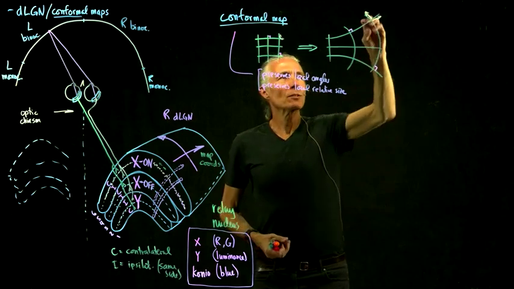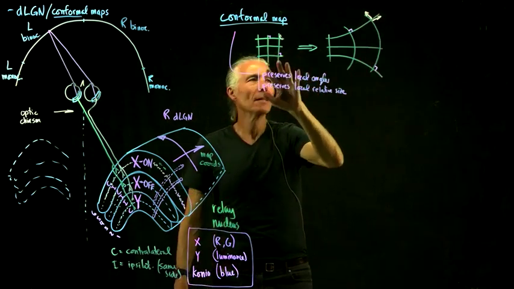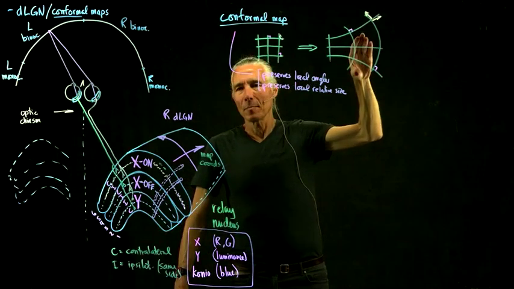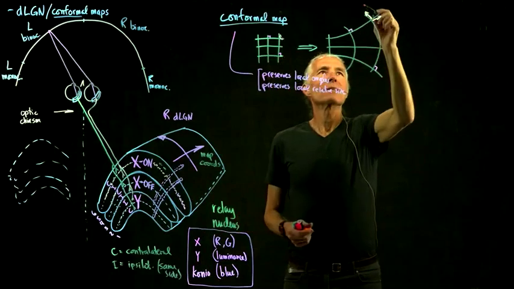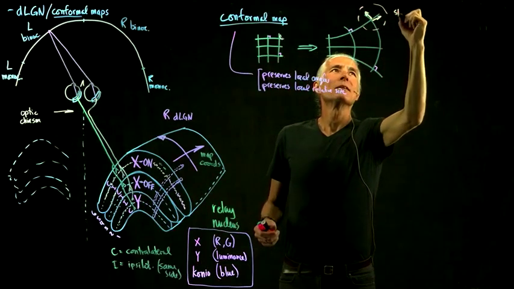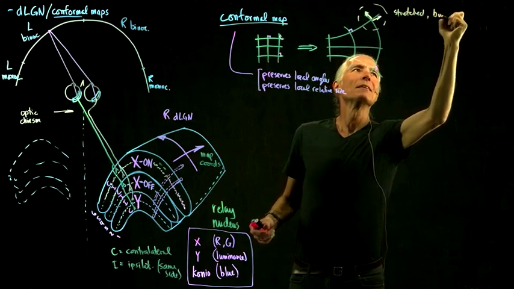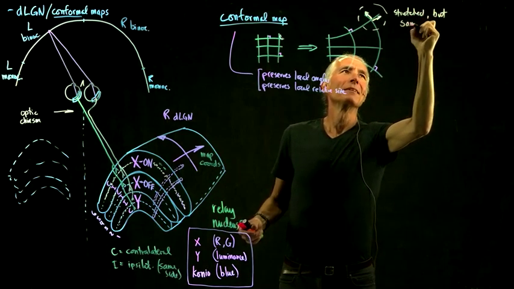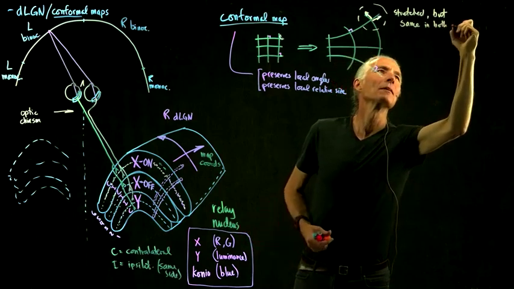So even though we stretched this part of the map, if you think of it as a rubber sheet, we stretched it into this shape, so obviously this part of the map is stretched, but same in both directions. That's the idea of a conformal map.